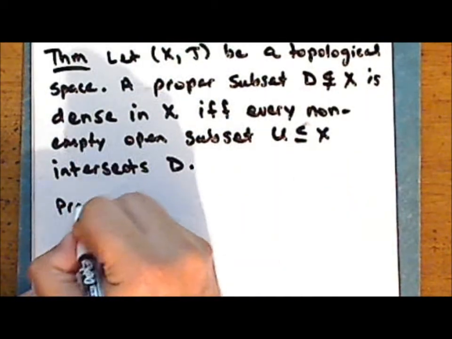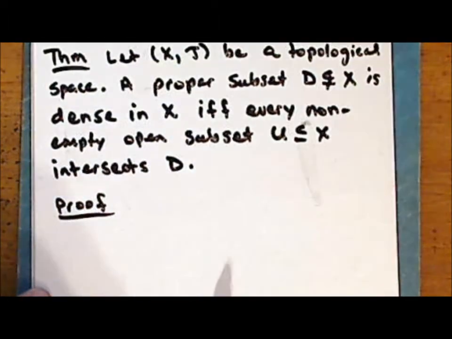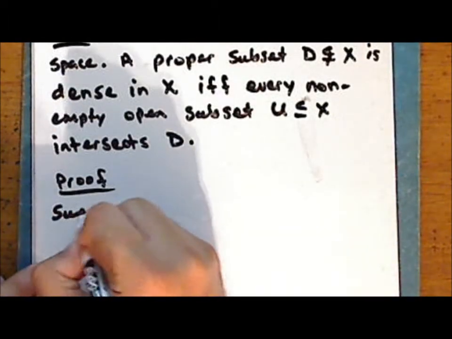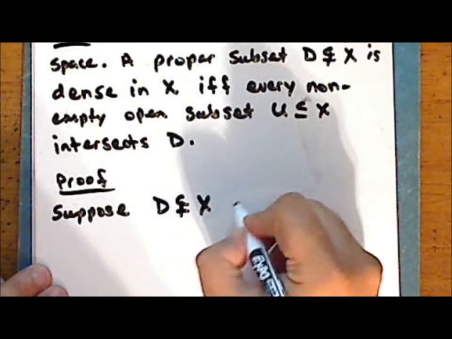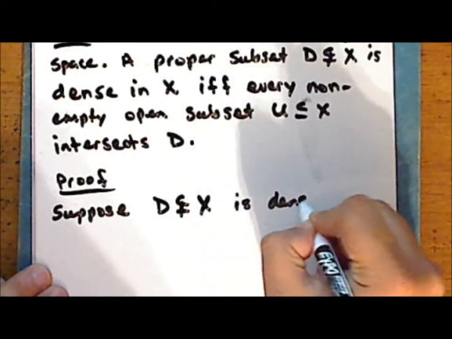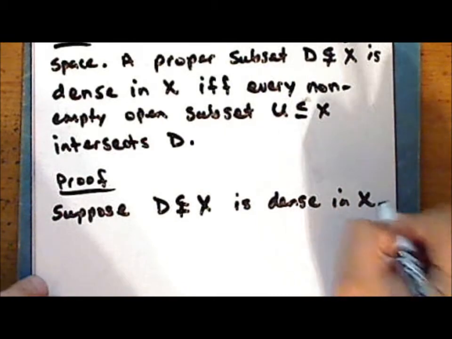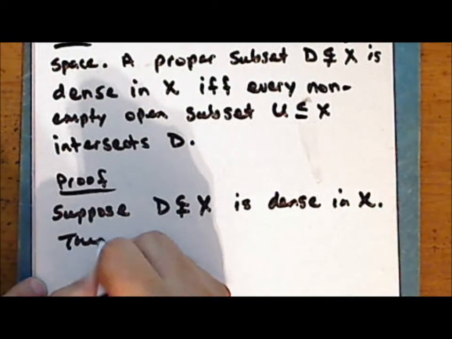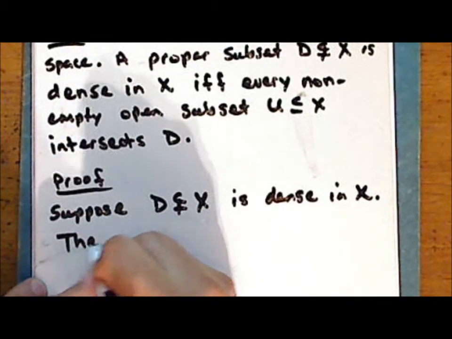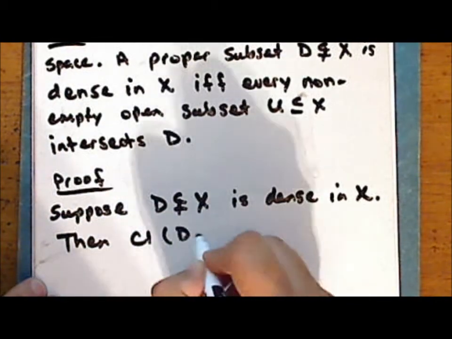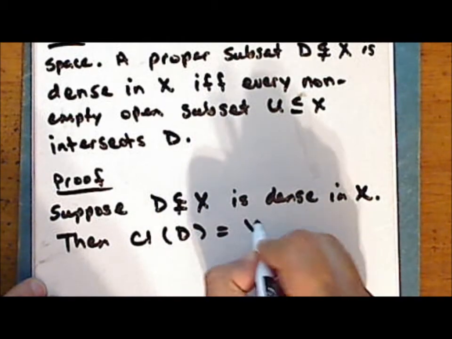So proof. Suppose that the proper subset D is dense in the space X, then the closure of the set D is the entire space.